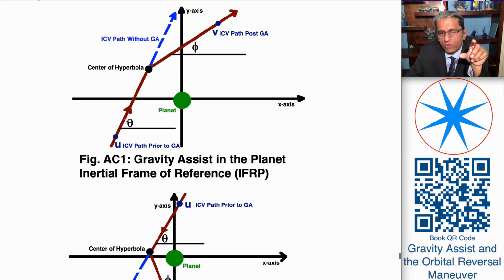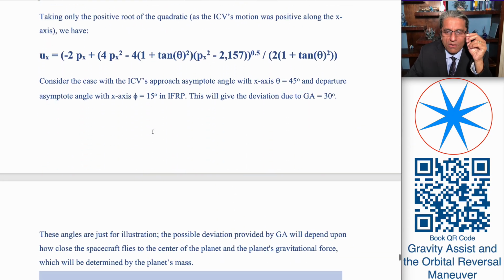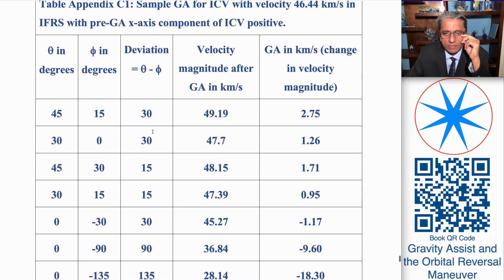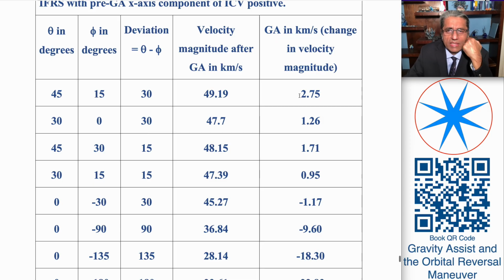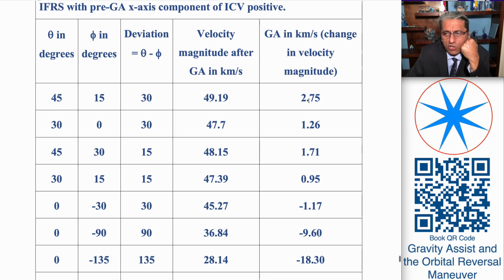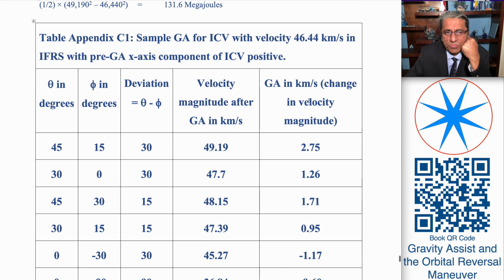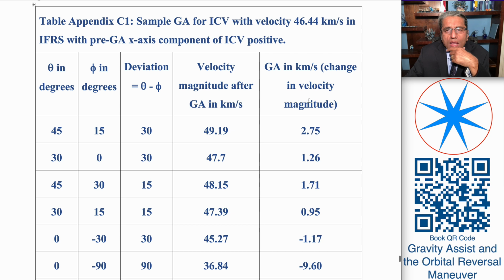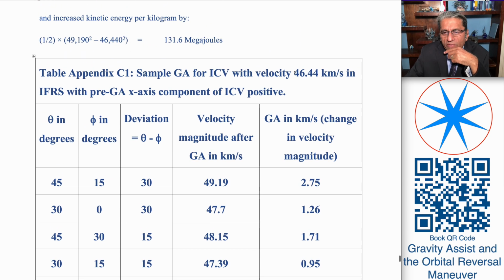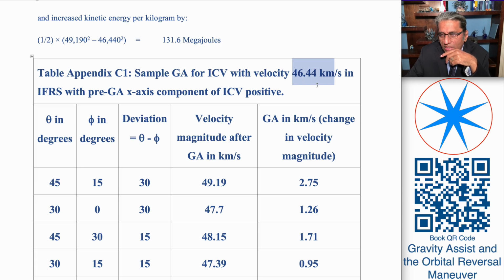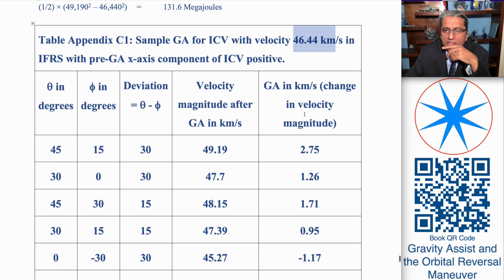So the net deviation would have been 45 minus 15, so this would have been 30. And when you crunch the numbers, what you get is that the gravity assist is 2.75 kilometers per second. The velocity of the spacecraft is 46.44 kilometers per second. So it increases therefore to 49.19. That's not a very big increase, okay?